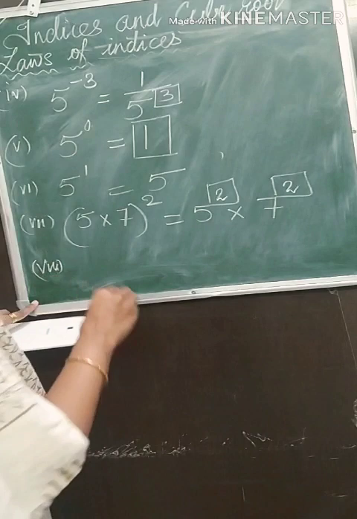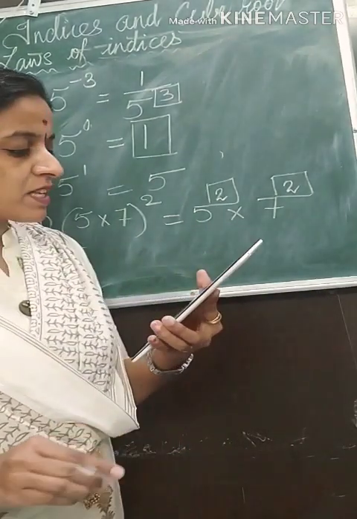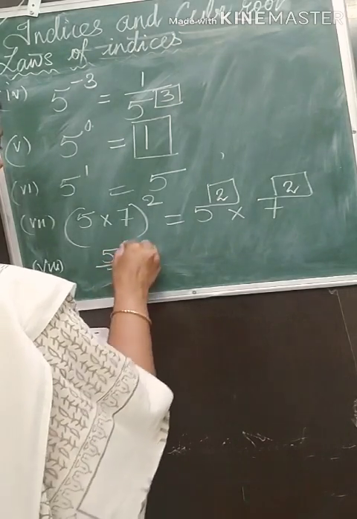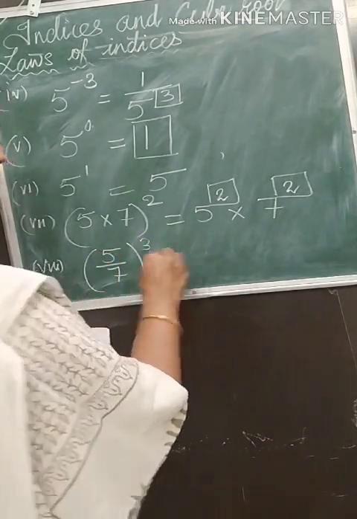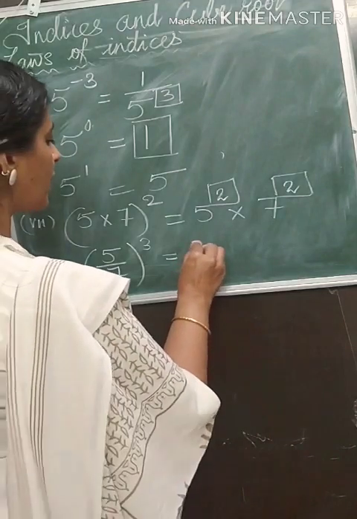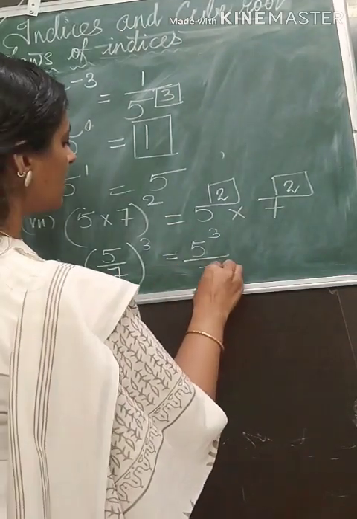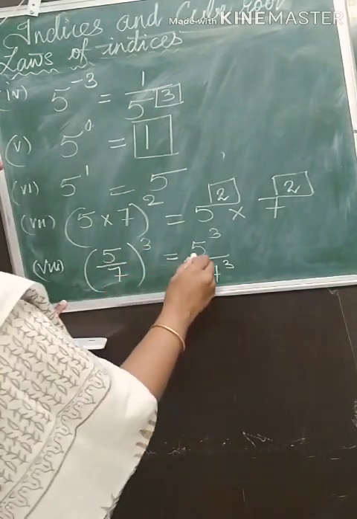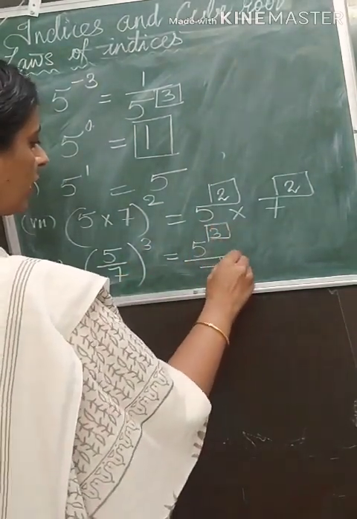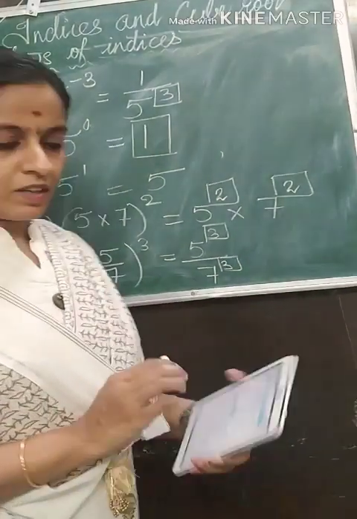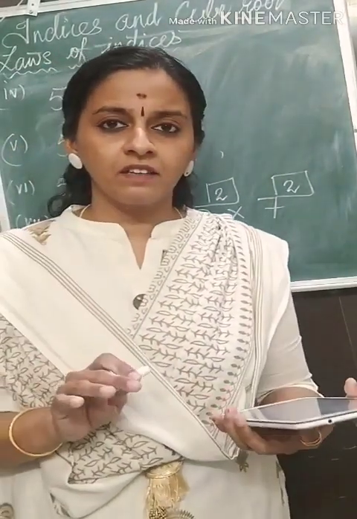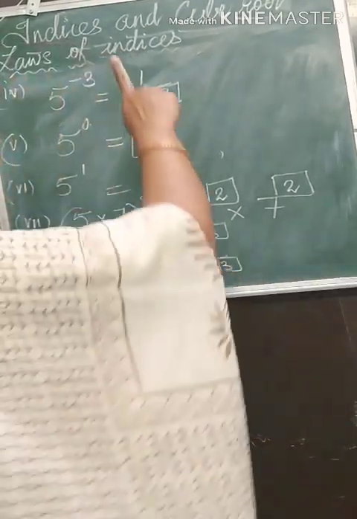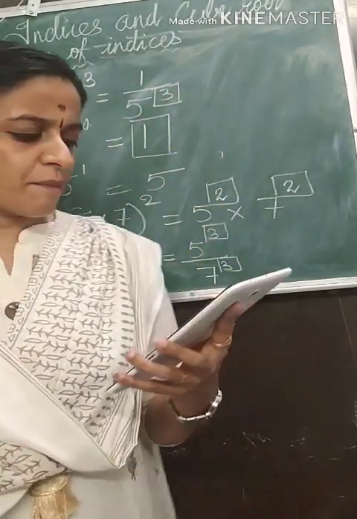Eighth sum you have 5 upon 7 the whole raised to 3, which is equal to 5 raised to 3 upon 7 raised to 3. For 5 also 3 and for 7 also 3. Here the box they have put. Now, this seems to be very easy, but if one digit is written wrong here and there, you will get it wrong. So please check your answer before you submit it.